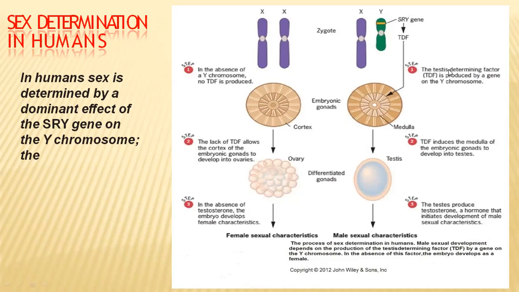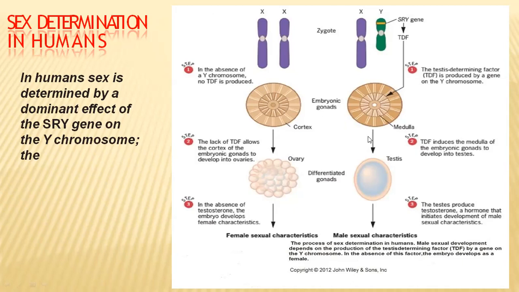Due to this SRY, testis development takes place in that gonad. Due to the lack of the Y chromosome portion or SRY gene, TDF will not be produced in the embryonic gonads of the female, so these will develop into ovaries.